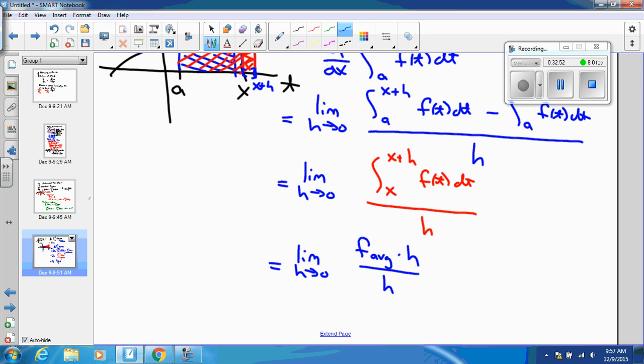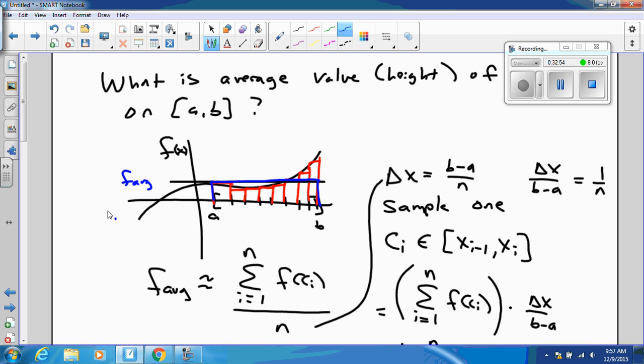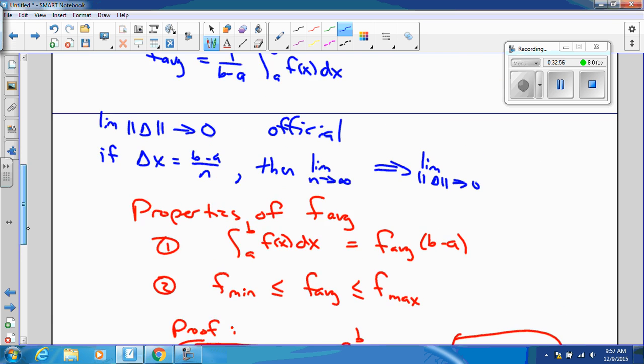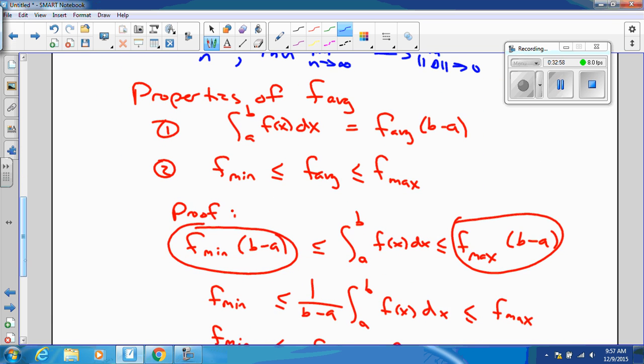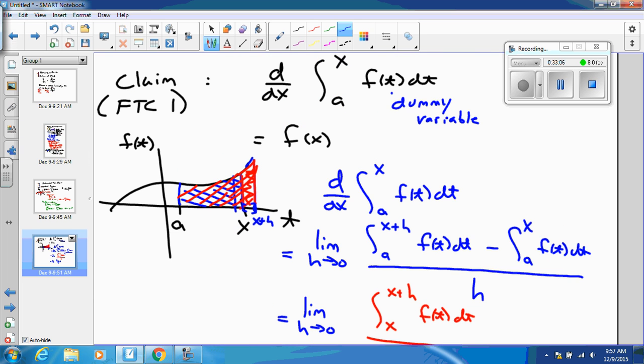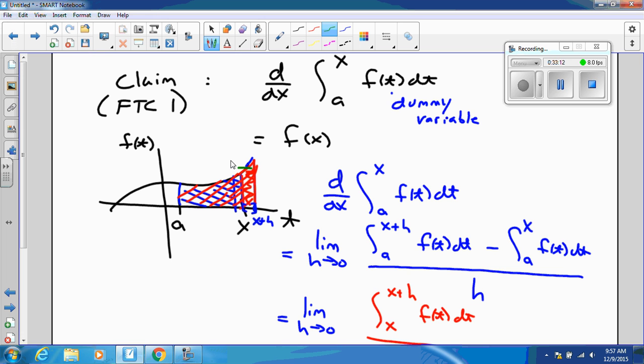Remember back when we talked about average value, back over here, that one of the three things that I mentioned is that I can replace an integral with average value times width. And that's exactly what I'm doing back over here. Instead of integrating, I'm just going to have an average value.